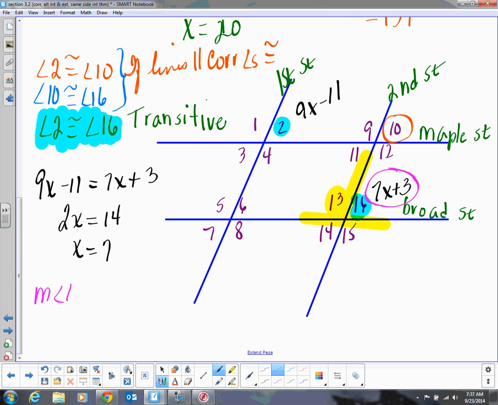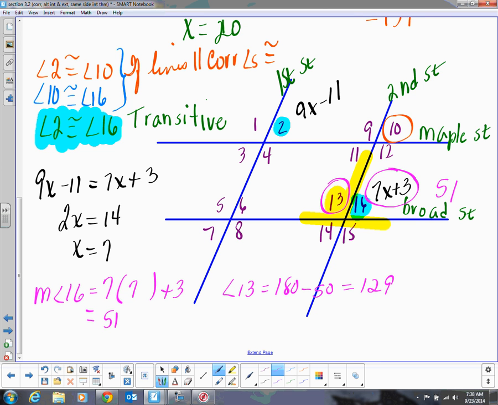Right. So if angle 16 is 7x plus 3, what do I put in x's spot? Yes. So this is going to be 49 and 3 is 51. So if this angle is 51, how will I get 13? Exactly, because they're supplementary. So angle 13 is going to equal 180 minus 51, which should be 129.